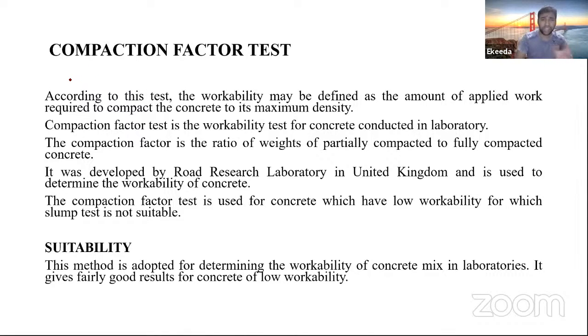Now we are going towards the next test, known as the compaction factor test. Has anybody of you performed this test, the compaction factor test, in your colleges? Okay, Anil. Anil, what did you do in this test?